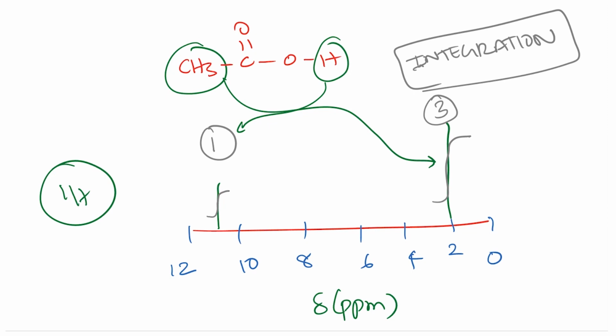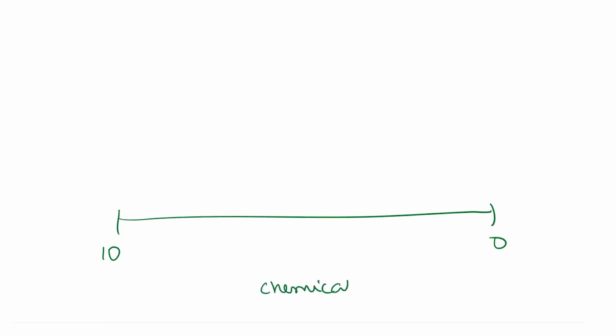The important thing for us to understand is that when I draw a scale like this, 0 to 10, again this is chemical shift and the value is denoted by ppm. Typically, we can divide this into 3 or 4 regions, and they are not evenly divided, so I am not going to divide it evenly.